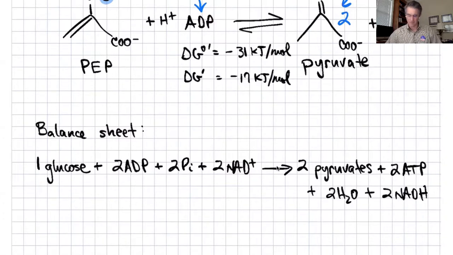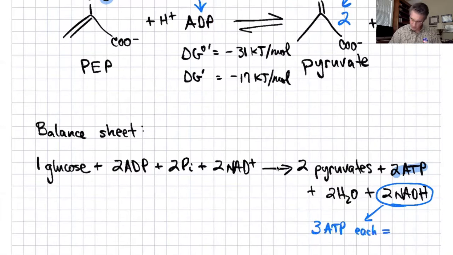Doesn't seem so awesome, right? Really? Just 2 ATP? But, oh boy, remember our high potential electrons? These guys can be worth 3 ATP each, which means they're equivalent to 6 ATP from that one glucose, just through glycolysis alone.